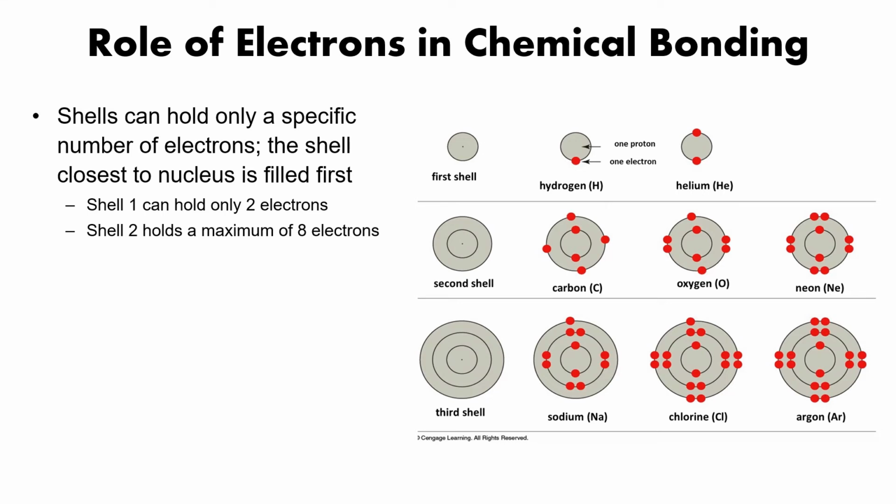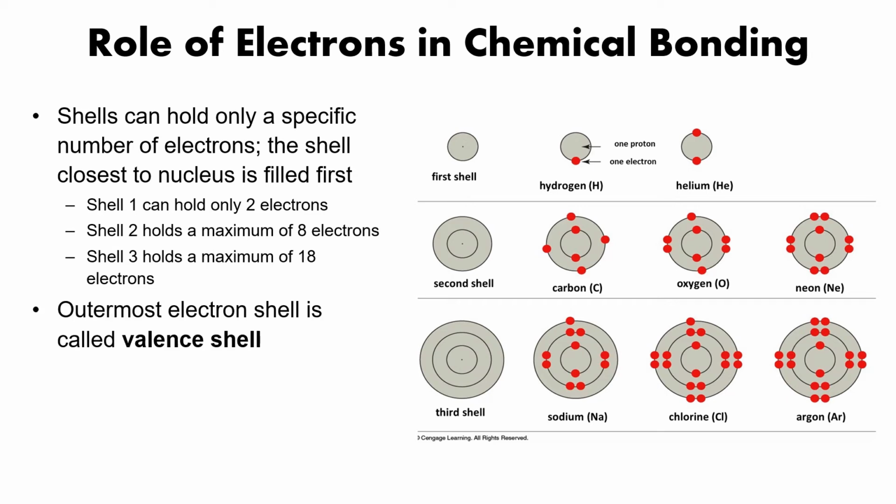Okay, so this just shows the different numbers of electrons. Shell 3 can hold 18 electrons. None of sodium, chlorine, or argon actually have all of those 18, but they can technically hold that many.